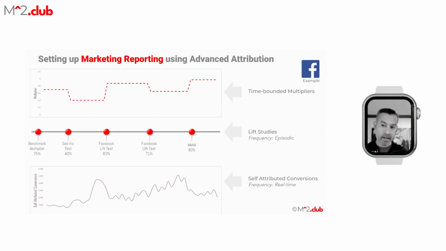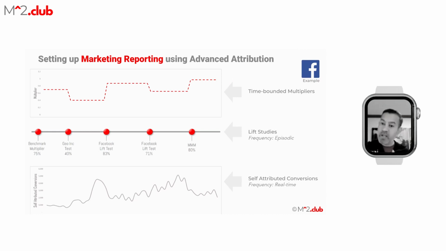If you take Facebook lift testing or geo testing, any kind of testing we do is episodic in nature. Even marketing mix models are not a continuous stream of outputs. You refresh the models and you simulate them to get new outputs.